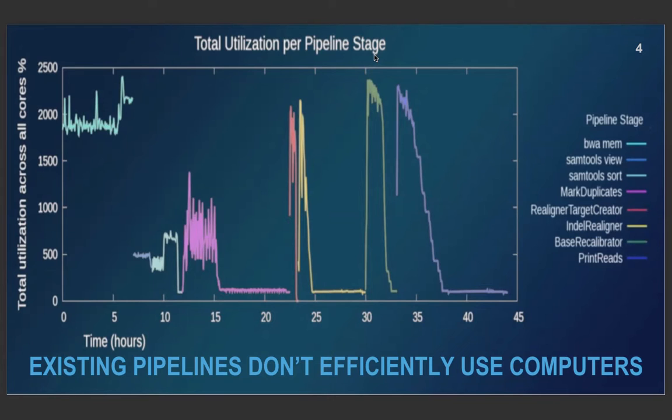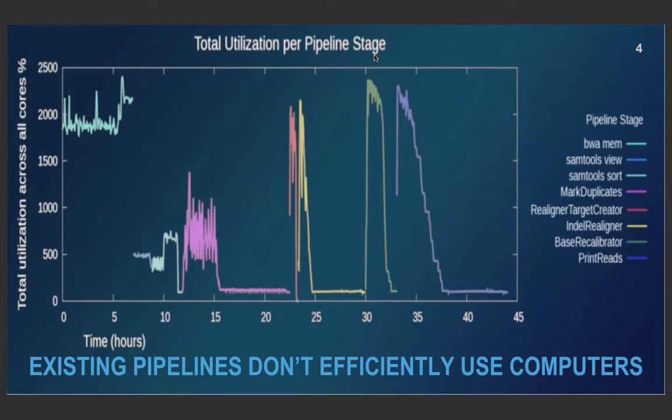This chart shows an earlier version of GATK, with the x-axis showing the execution time and the y-axis showing the CPU utilization of the different cores on the node that the pipeline is being executed on. And we see that only very limited parts of the pipeline are actually able to utilize a big portion of the cores on the CPU nodes.